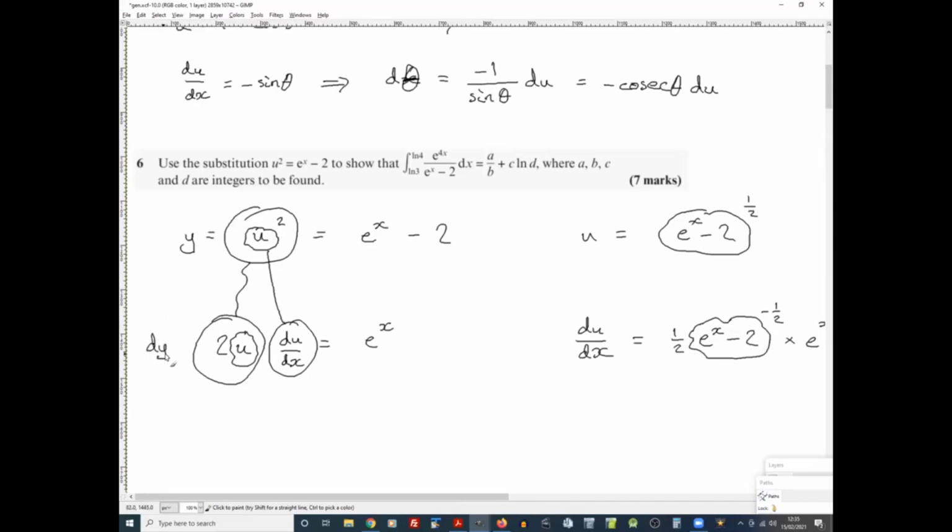We could say dy dx now equals that bit, which is dy du, times that bit du dx. dy dx equals dy du times du dx. Is that clear as mud? Have I lost you?